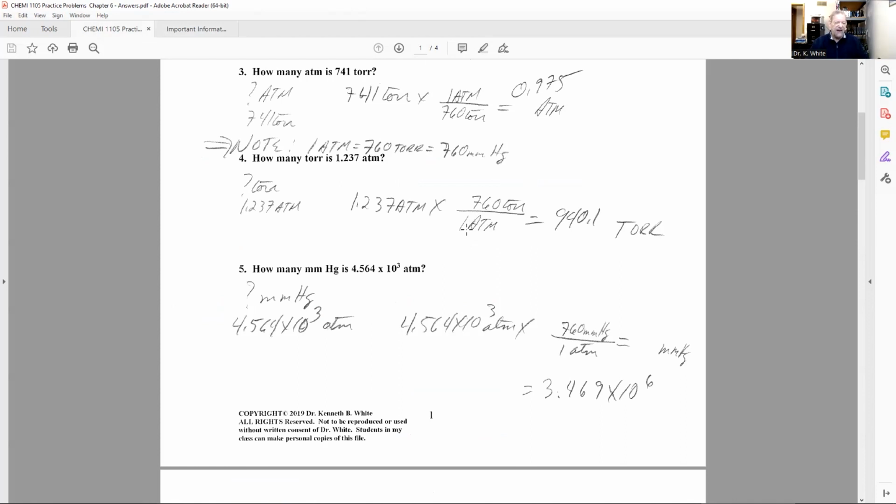Now, when you do the math, remember 760 and 1 are exact numbers. When you're multiplying and dividing, you get the same number of significant figures in your answer as the number that has the fewest significant figures. You do not use exact numbers to determine significant figures.